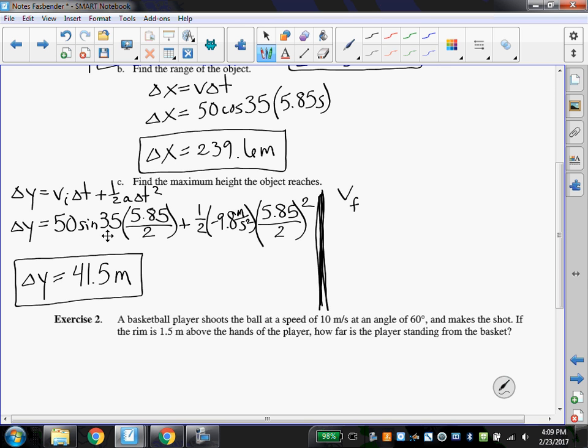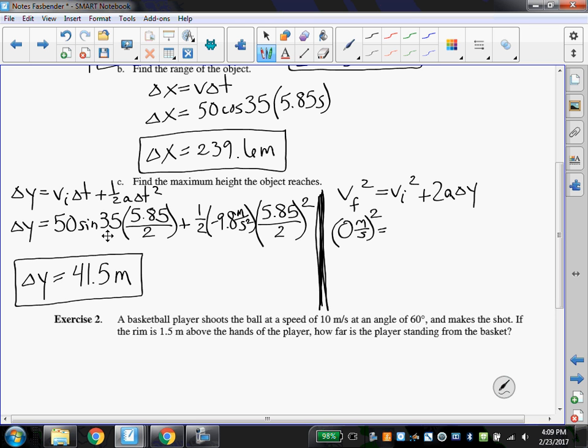So we could use vf squared equals vi squared plus 2a delta y to solve this problem, because we know that this vf at the peak is going to be 0. Again, it's not to say that the total velocity is 0 at the peak. It's just the y component of the velocity that is 0 at the peak.